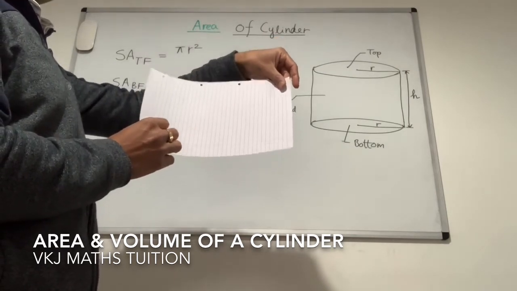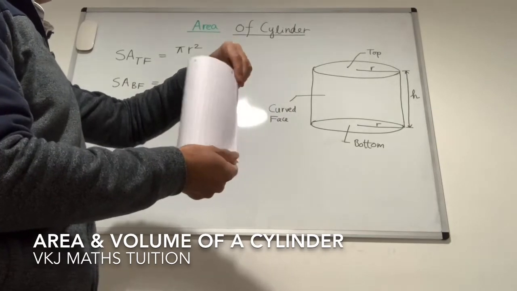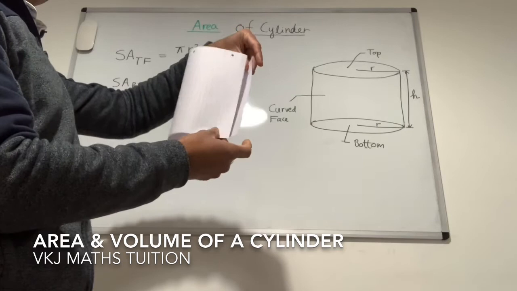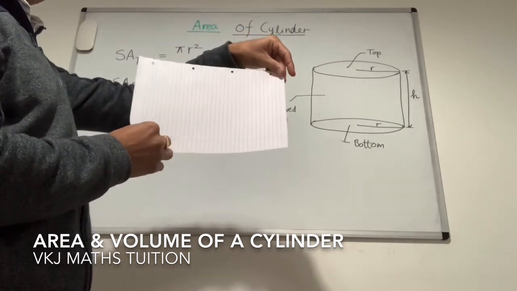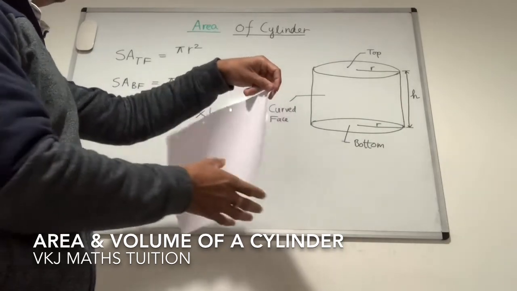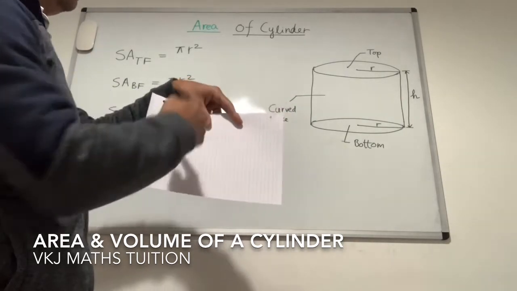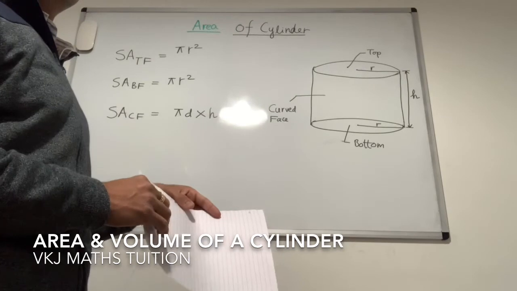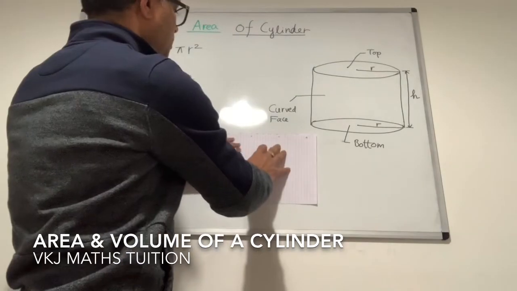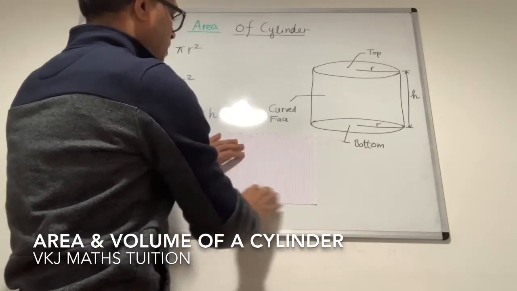So the curved face of the cylinder, when you cut it open, becomes a rectangle. If you can find the area of this rectangle, that is the area of the curved face.